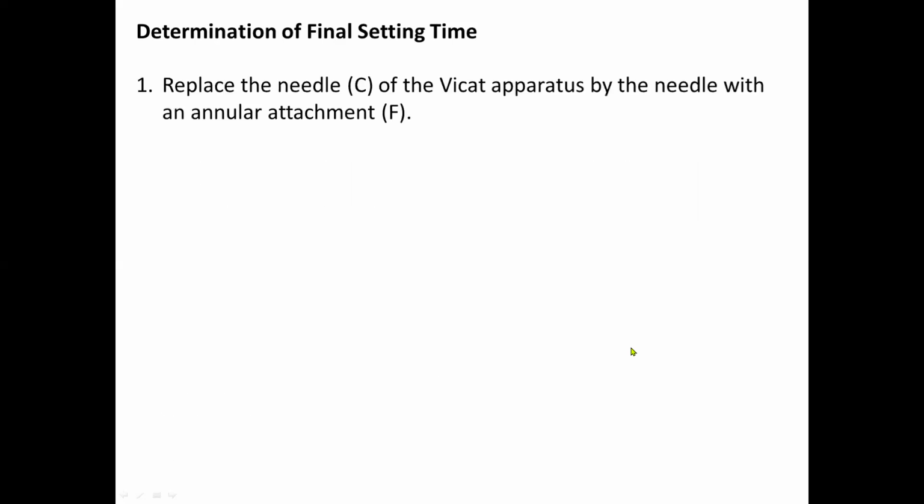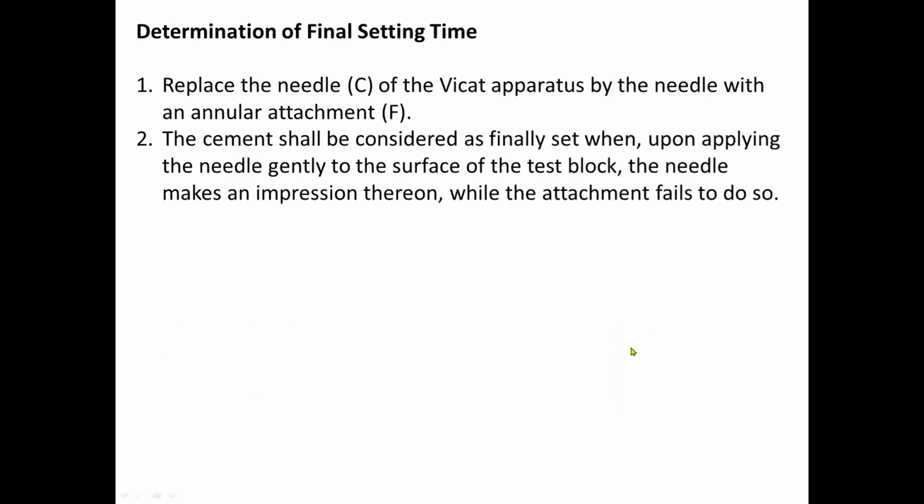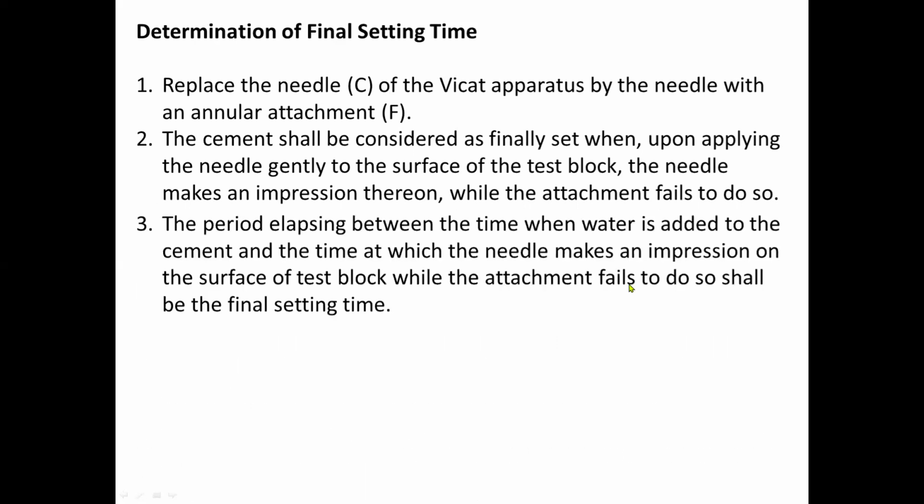Determination of final setting time. Replace the needle C of the Vicat apparatus by the needle with an annular attachment F. The cement shall be considered as finally set when, upon applying the needle gently to the surface of the test block, the needle makes an impression thereon, while the attachment fails to do so.